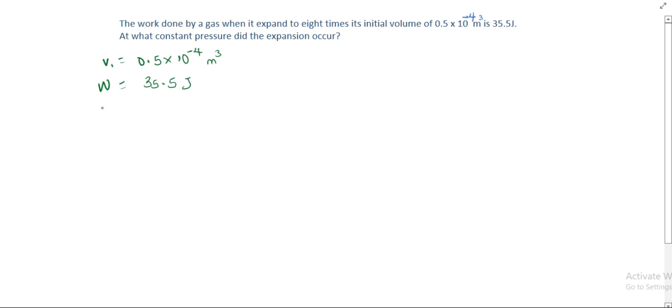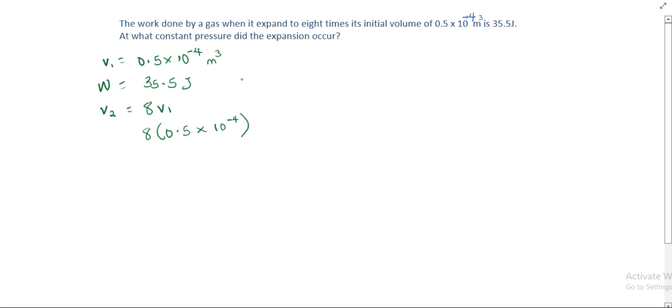The gas expands to 8 times its initial volume, which means that if V1 is 0.5 times 10 to the power of negative 4, then V2, the final volume, will be 8 V1, and that will be 8 multiplied by 0.5 times 10 to the power of negative 4.